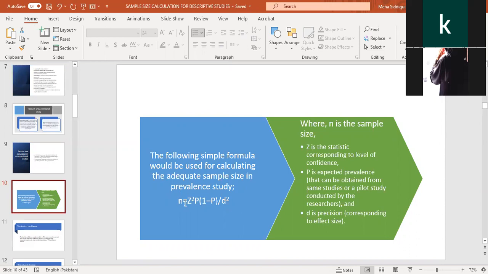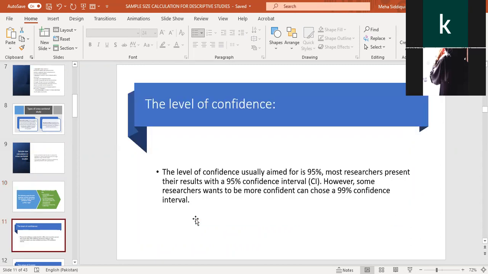N is equal to Z squared P times (1 minus P) over d squared, where n is the sample size, Z is the statistic corresponding to level of confidence, P is expected prevalence that can be obtained from similar studies or a pilot study conducted by the researcher, and d is precision corresponding to effect size.